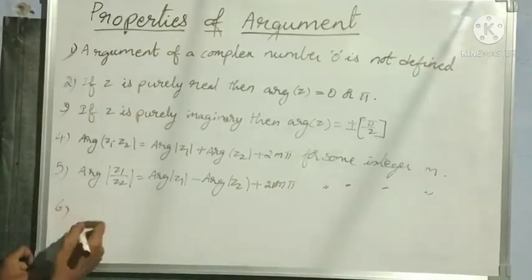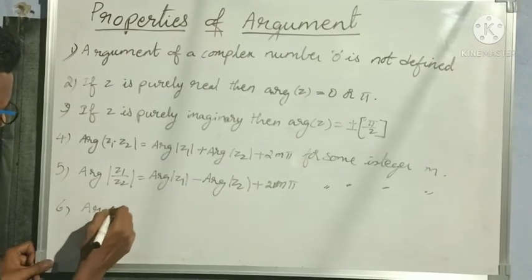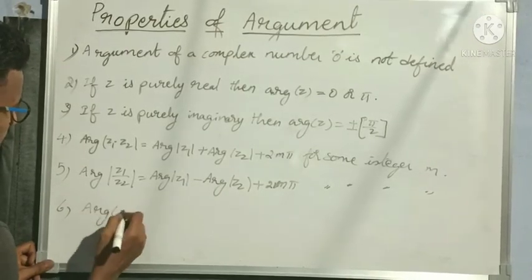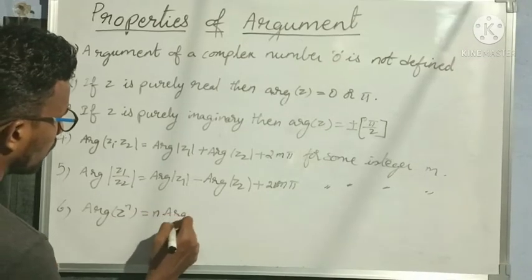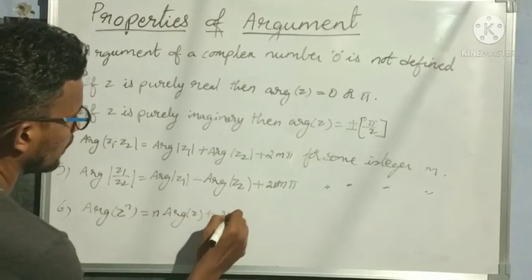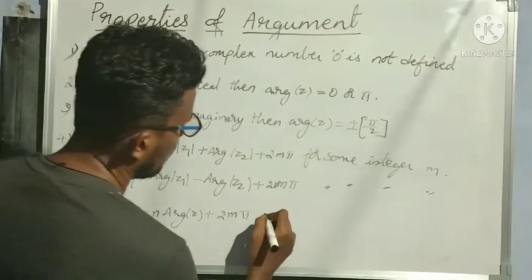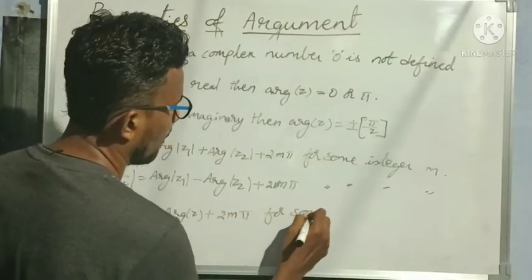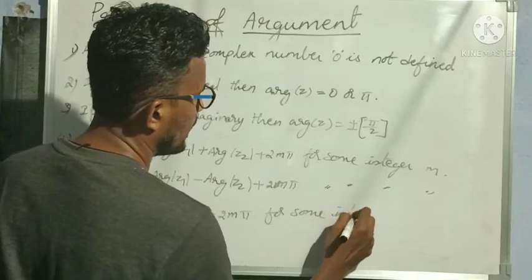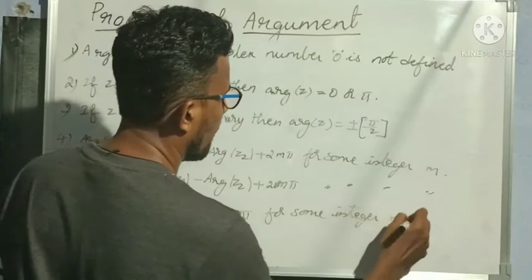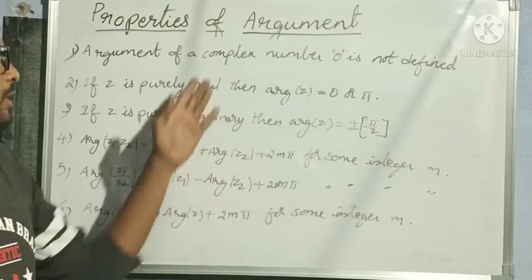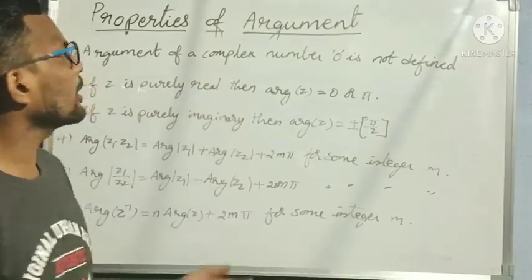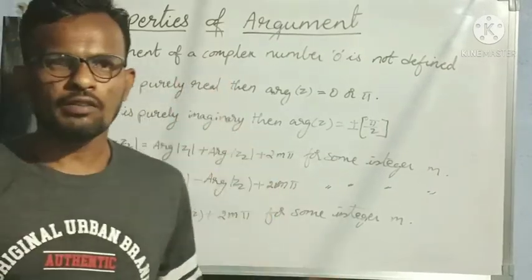Same, last, sixth property: argument of Z power n is equal to n into argument of Z plus 2m pi for some integer m. Clear? So if anyone wants to note down, note down. These are the 6 important properties of argument, very important.